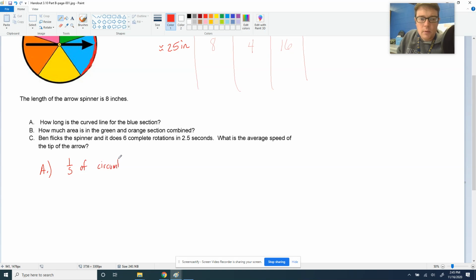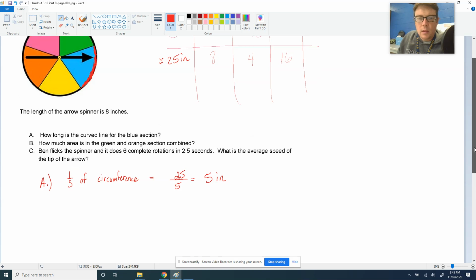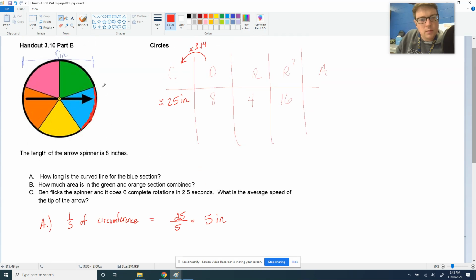And so to do that, we just take the circumference, which we know in this case is 25, and we divide it by how many equal sections there are. And so that means each of those curves is about 5 inches in length. So that wasn't too bad. We had to think about it, though. It's not just obviously given to us.